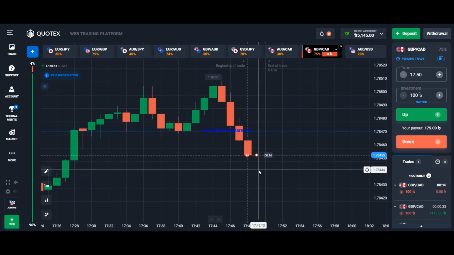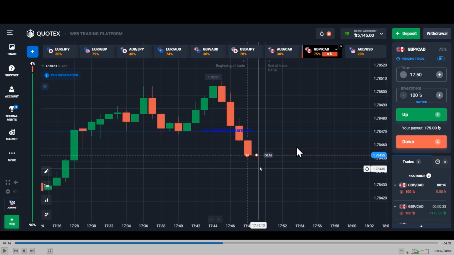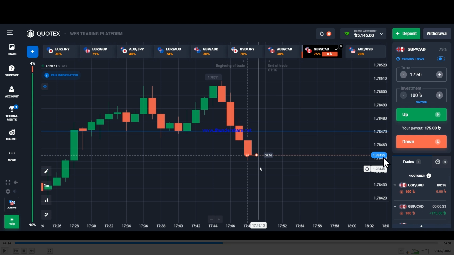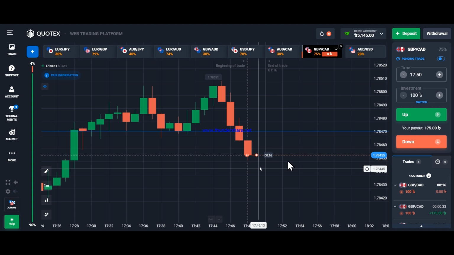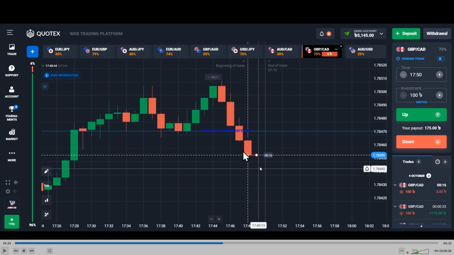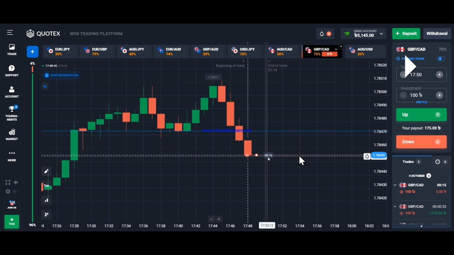Okay, so on this candle you can see that on the 55 round number level, the candle was stopping, mostly on 55. You can see that this candle was stopping on 55, right?